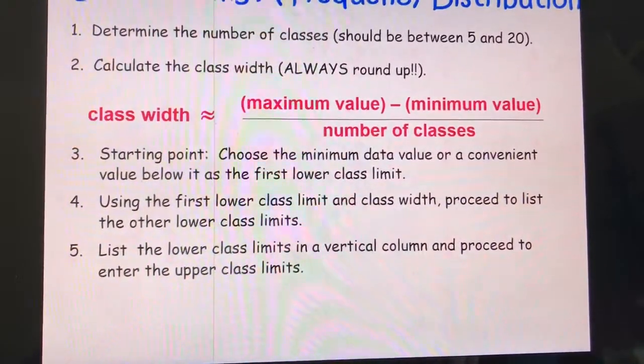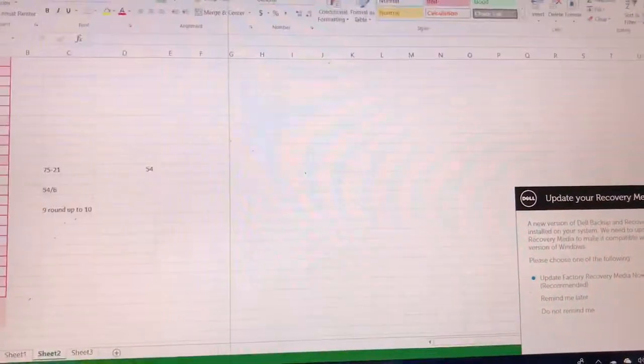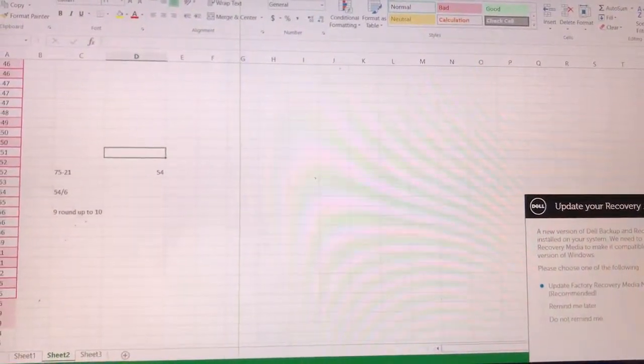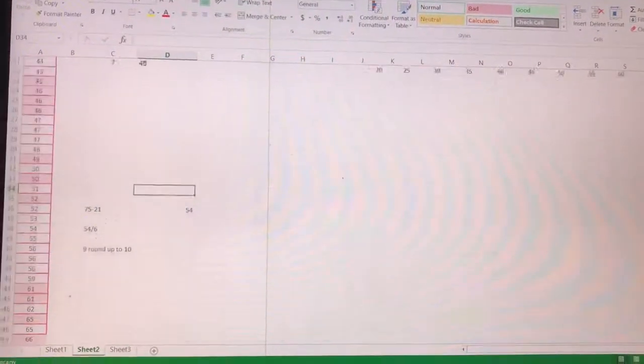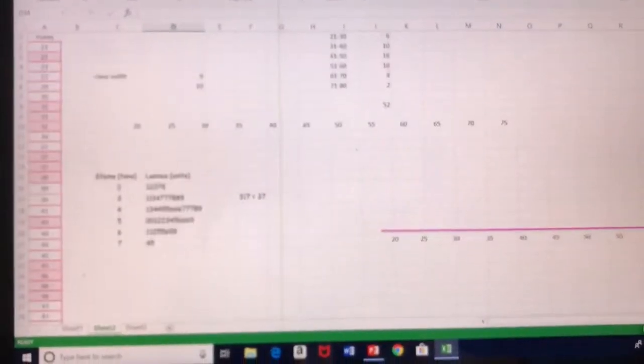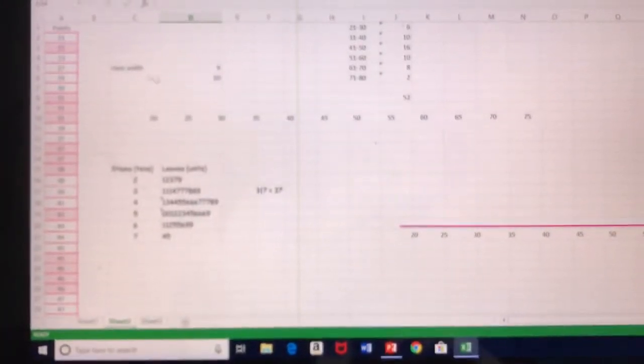So if I back up here, actually, I think I have it on Excel. Let me go to Excel. So for this data, I've got my data. On the PowerPoint, it's not in order, it's just all listed there. Sorry, that got blurry. It'll focus again.